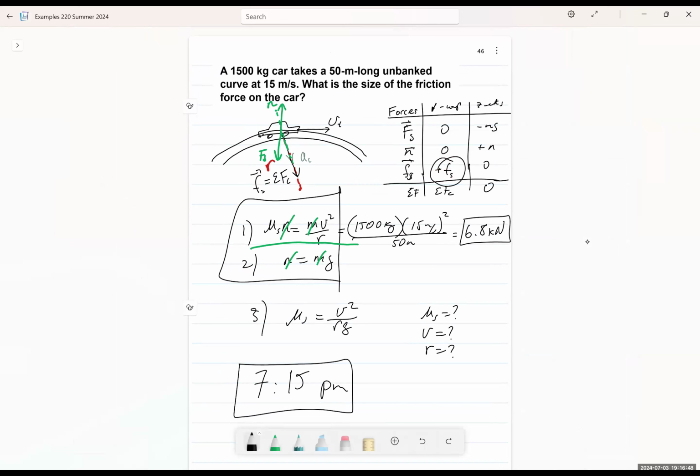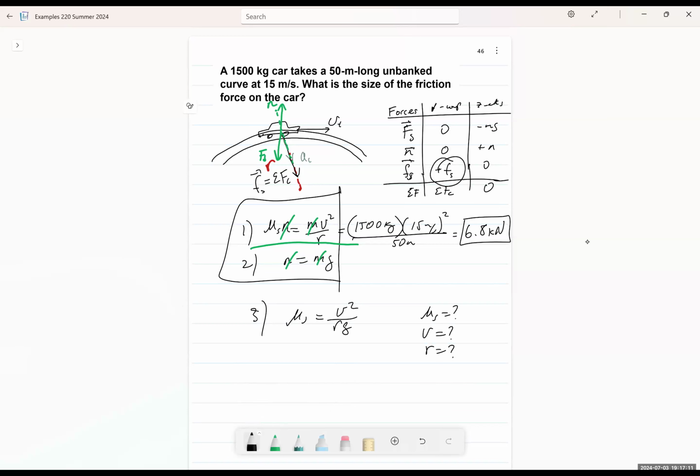The static friction that helps you successfully make a turn is still friction. And what we learned about friction here is that friction depends on the conditions of the road.